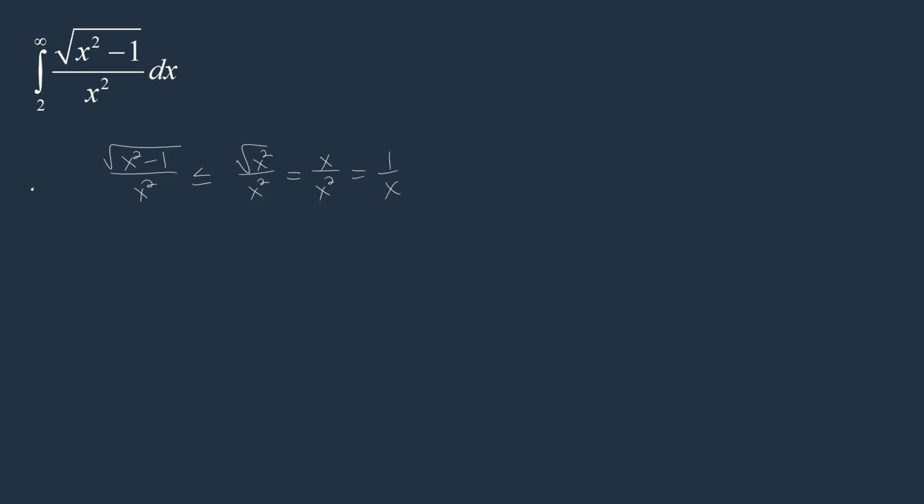So just note that would be true for x greater than 2. Then I would look at the integration from 2 to infinity of 1 over x dx, and that's one of those improper integrals I've shown you before. That was where I had 1 over x to the p. This thing automatically diverges, and that's because p here equals 1.